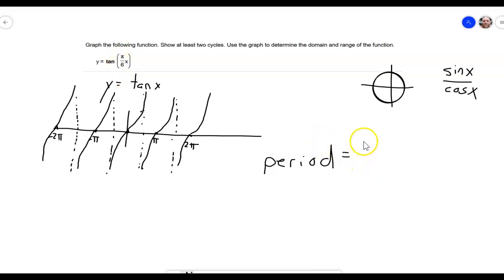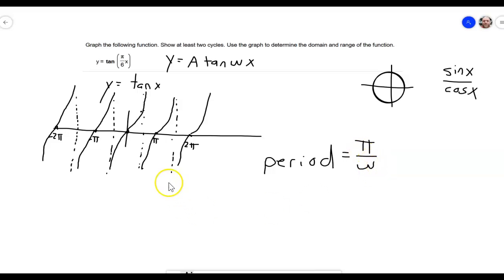Instead of 2 pi, it's just pi over omega, where in the form y equals a times tan of omega x. So in this form, the period is equal to pi over omega.